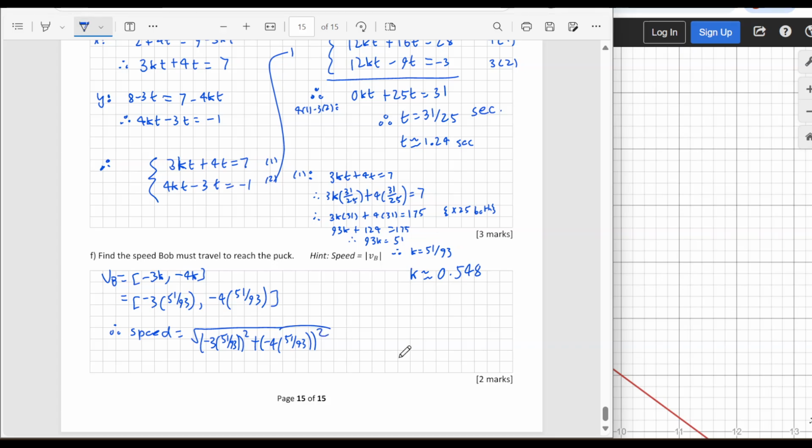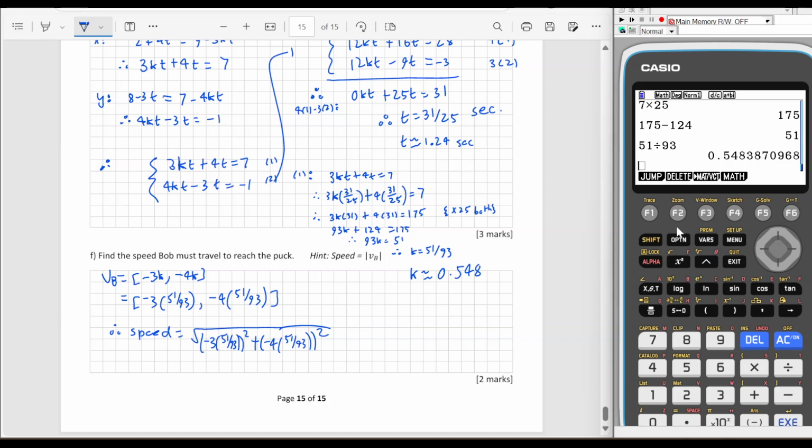I'm going to show you, you can just chuck that straight into a calculator, but I'm going to show you a cool thing you can do. 51 over 93 is the thing we just worked out. I'll hit enter first, then I'll hit the right arrow to store it. Alpha K. Now, every time that I type the letter K, it's going to come up with that number.